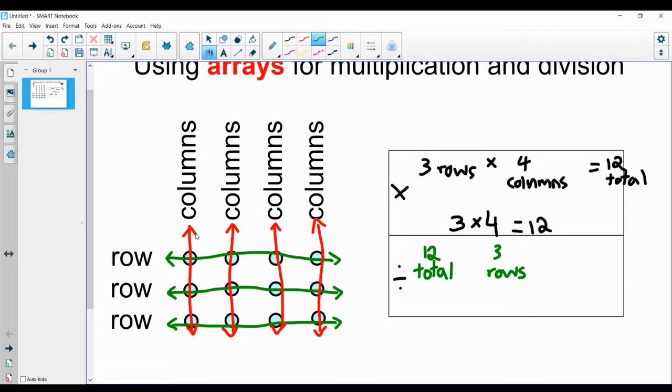And how many columns? We have 1, 2, 3, 4 columns. That's showing us that if we have 12 objects in total and we divide the 12 objects into 3 equal rows, we're going to have 4 columns. So 12 divided by 3 is equal to 4. Wow!